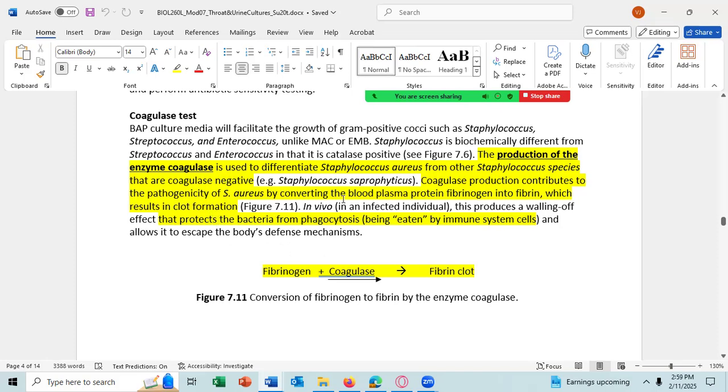And that's one way the Staphylococcus aureus can survive in the patient when the Staphylococcus aureus has made the initial infection and the bacteria are low in numbers and susceptible to being removed by the host immune system. The Staphylococcus aureus create a blood clot, and that protects the Staphylococcus aureus, especially from phagocytosis by the white blood cells. They can't easily get through the clot to kill the bacteria.